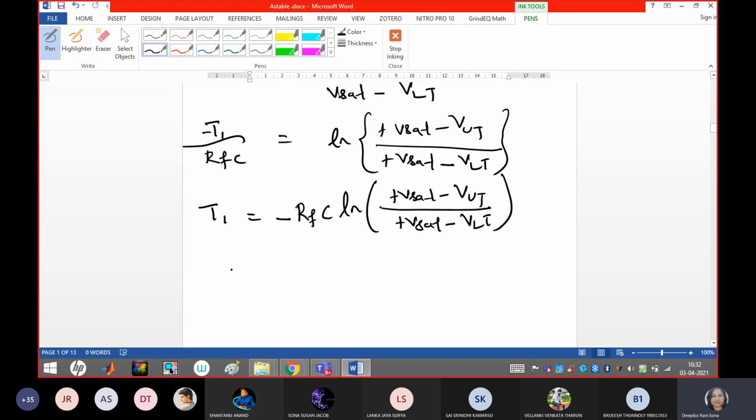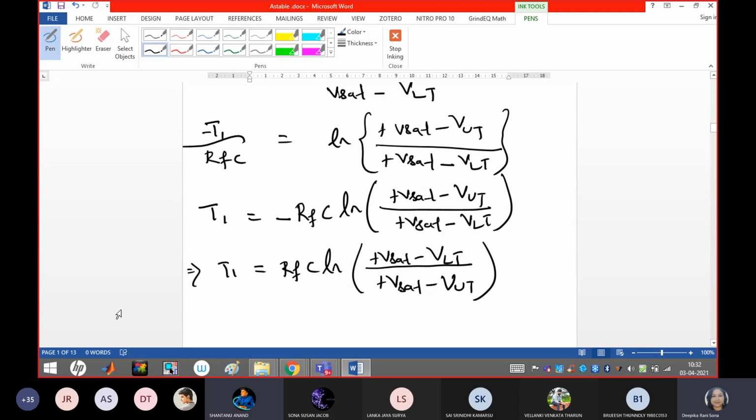Okay. So now I want to cancel this negative term. What should be the equation for T1? RFC ln plus Vsat minus Vlt. Yes. Vlt will be the numerator part and this Ut will become the denominator part. Yeah. So this we got, guys, T1 period only.